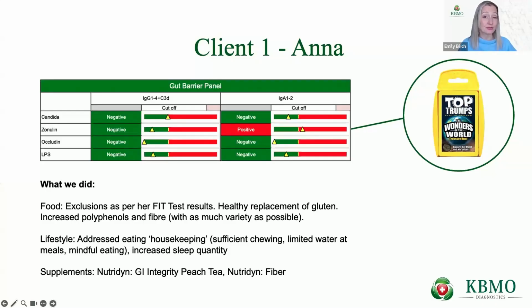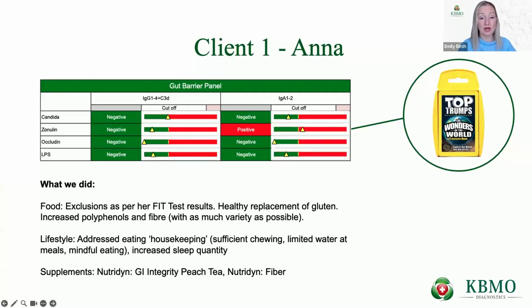Healthy replacement of gluten was key because, as you're well aware, you can be as problematic going with gluten-free options as wheat options in some cases because they're full of so much rubbish. We increased polyphenols and fiber. This is where I talk about bearing in mind that we may have a level of dysbiosis in this picture, and we gave her as much variety in those fibers as possible.